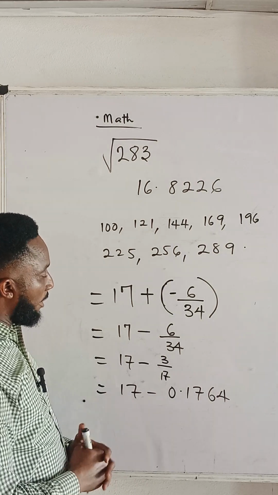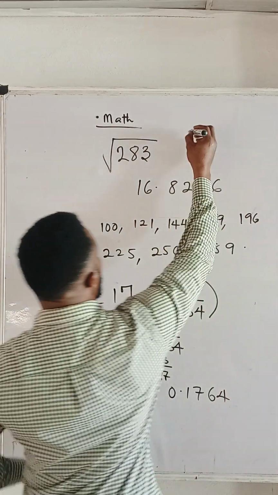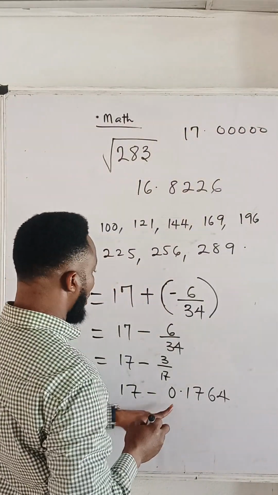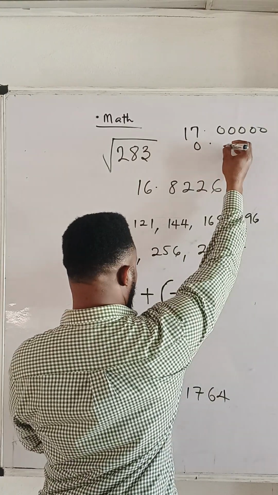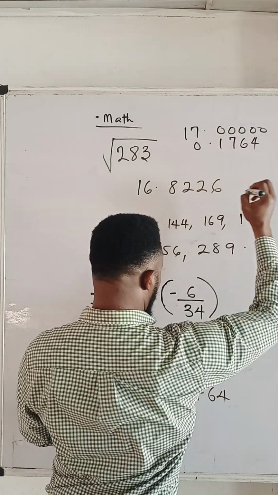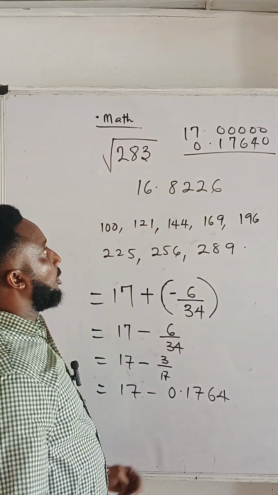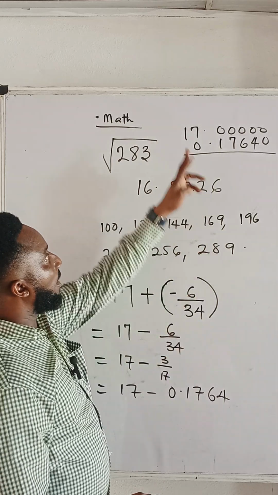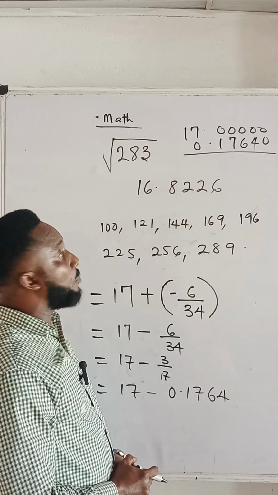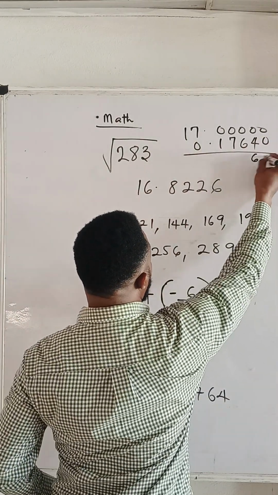Now, if I subtract this value, I'm going to have 17.00000. I'm removing 0.17640. We carry from here, it becomes a 10 because we are working in decimal or base 10. So here, I'll be having 6.